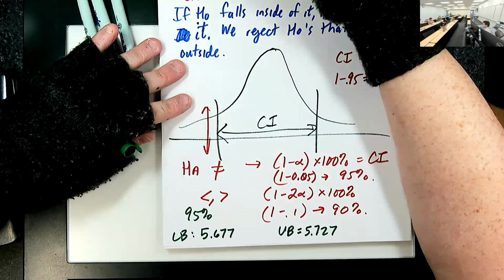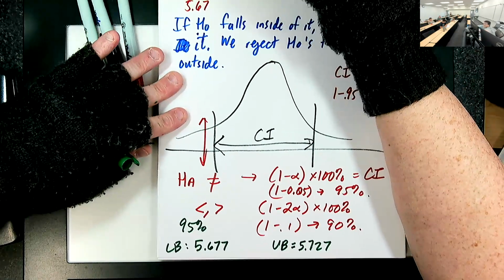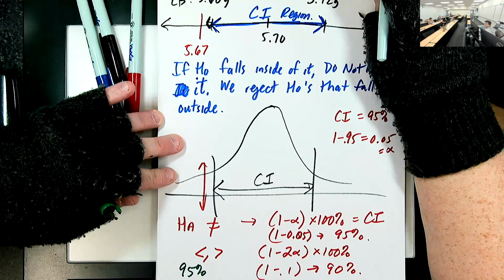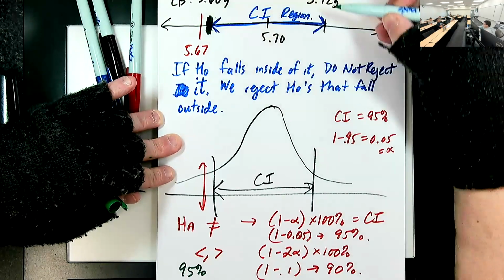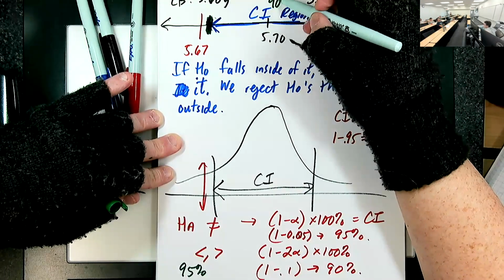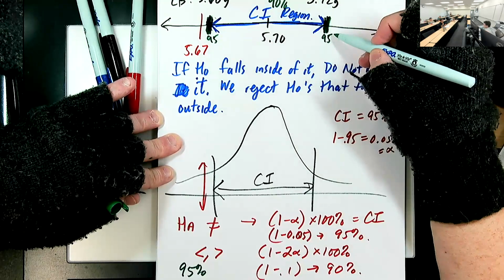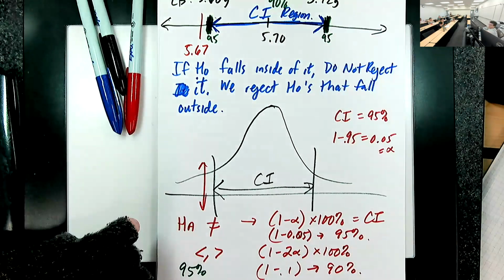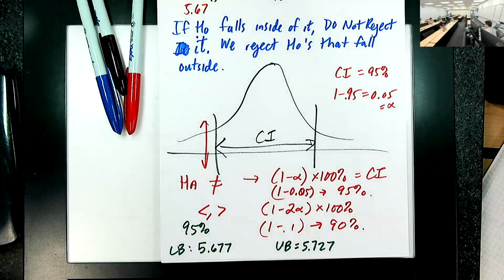So doing 95% just made it go a little bit further out on my picture. 95% added this much there and this much here. This was 90% and this made it 95. But still 5.67 is below 5.677, and so it was still outside the region.